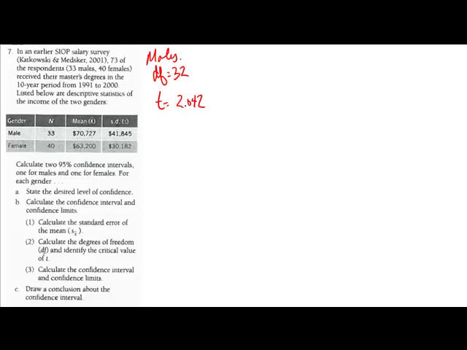What else do we need to compute? We do need to compute the standard error. So that's going to be 41,845 divided by the square root of n. So it's square root of 33. Go ahead and calculate that. Square root of 33 equals 5.744.